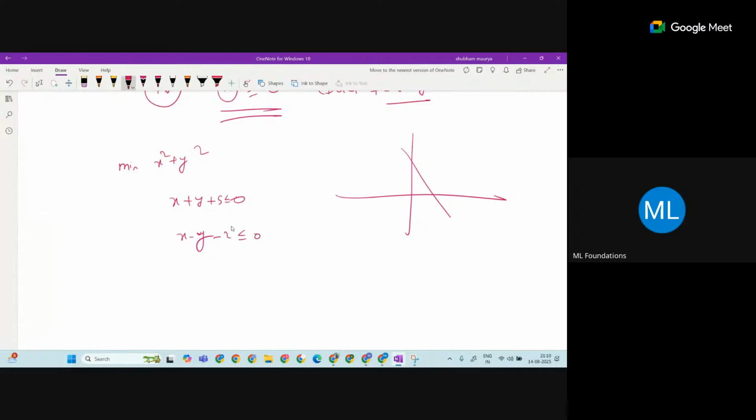I'm just randomly making it up. I will just tell you how we'll solve it. Let's say this is the constrained optimization problem.